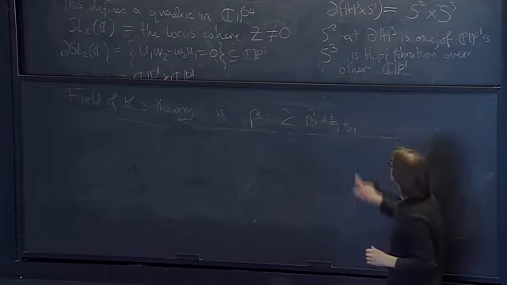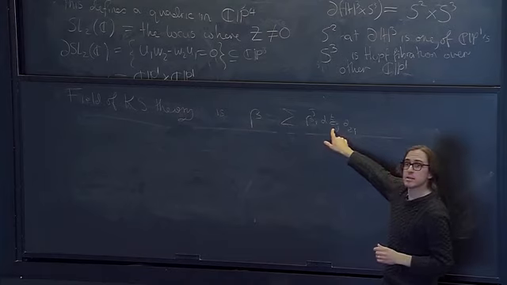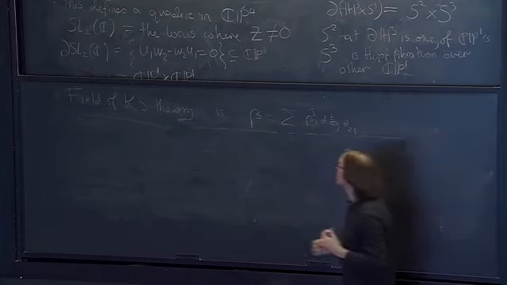It's a sum of dz_i and dz bar, d by dz_i and dz bar.